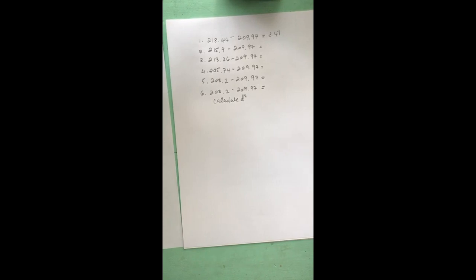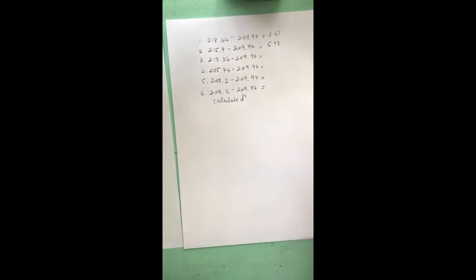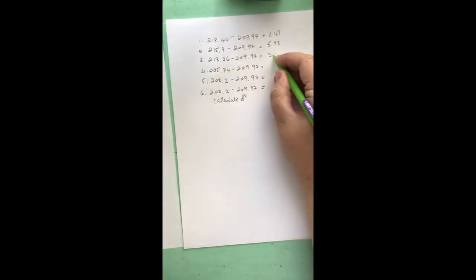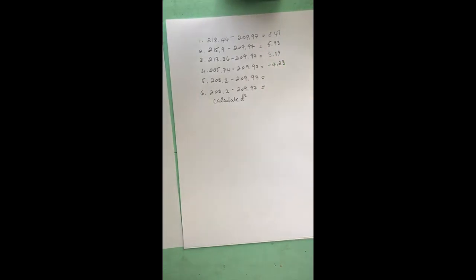215.9 minus 209.97. And the next one. Now you notice you end up with a negative number.